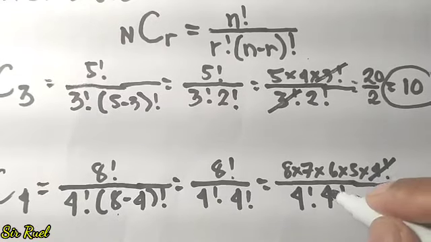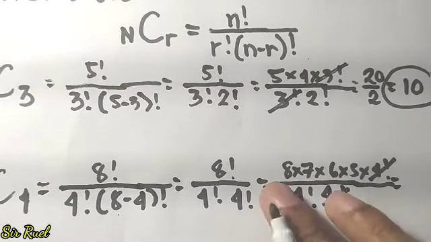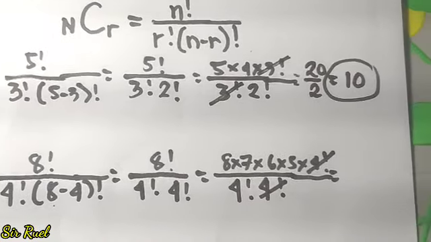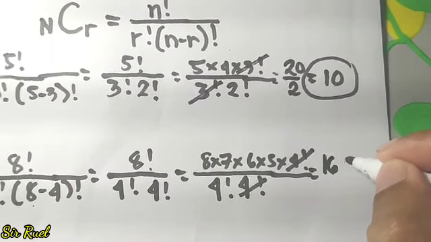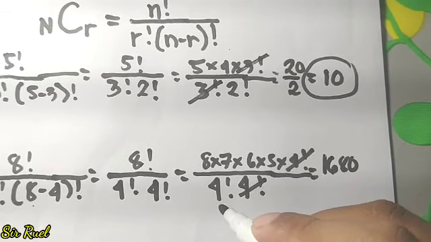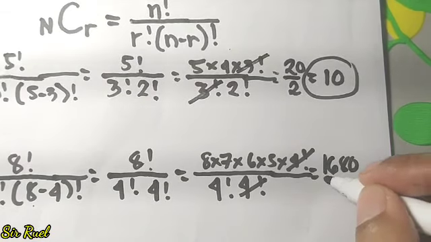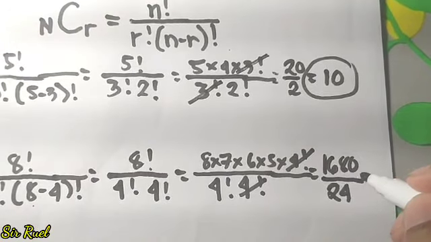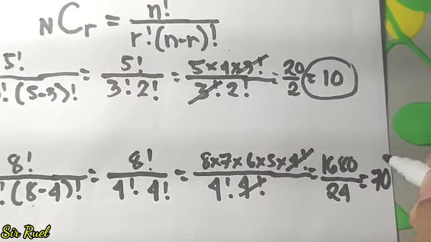Cancel out this and this. 8 times 7 times 6 times 5 is equal to 1680. 4 factorial means 4 times 3 times 2 times 1, which is equivalent to 24. So 1680 divided by 24 is 70.